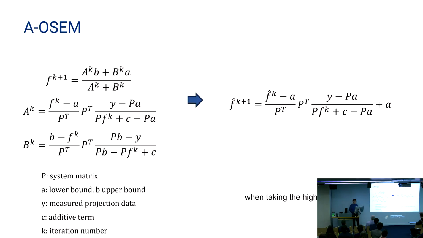We use lowercase b as the upper bound and lowercase a as the lower bound. However, now we only care about the lower bound because we want to remove the positive constraint from the OSEM. So we can simply reduce the formula from left to right, and we only have one lower bound left here. The other part is mainly the simple OSEM.